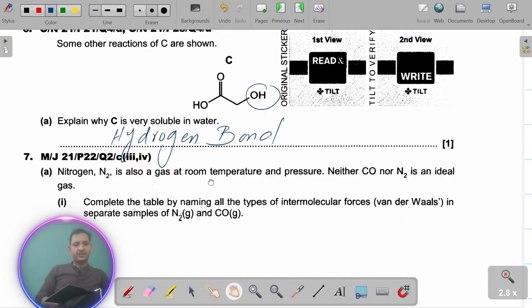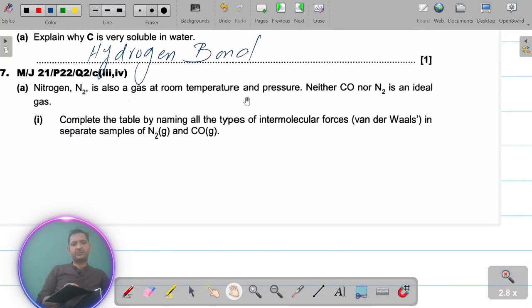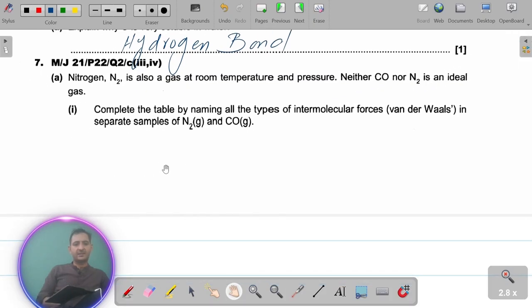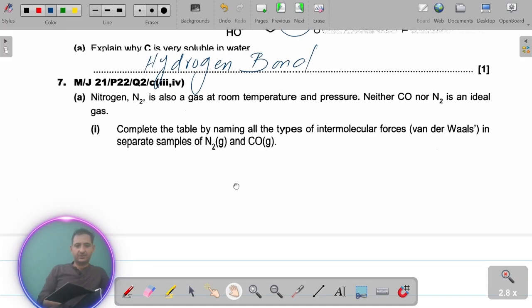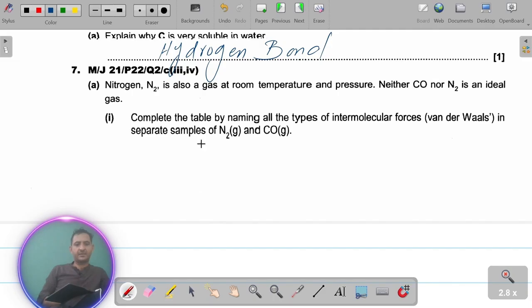Okay, next we have nitrogen, which is also a gas at room temperature. Neither CO nor NO2 is an ideal gas. Complete the table by naming all the types of intermolecular forces in separate samples of nitrogen and CO. If we compare them, nitrogen is making a triple bond with nitrogen, so similar atoms. There's no electronegativity difference, so it is non-polar. This is not a polar molecule.